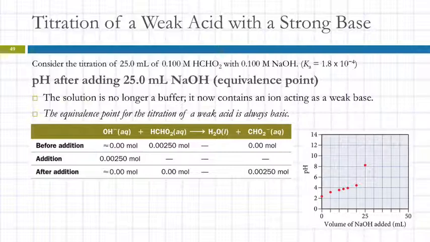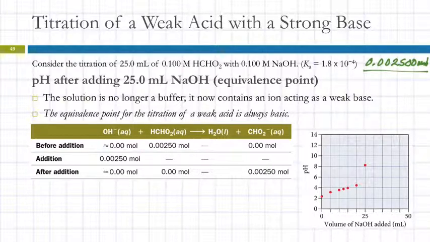Well, we could set up an ice table, right? We've got this CHO2. So let's think for a minute. What's the molarity of that? Well, we've got 0.00250. Gosh, I hate moles.